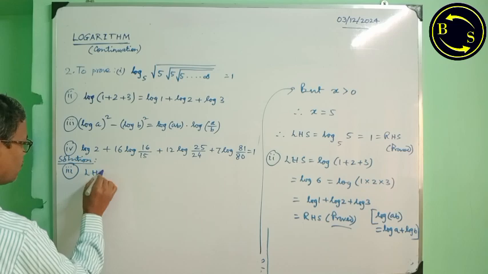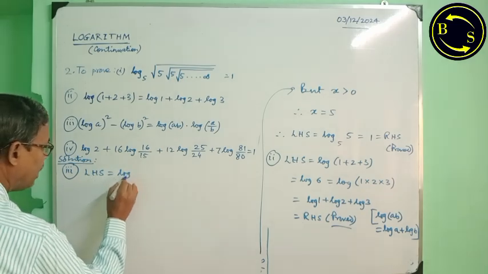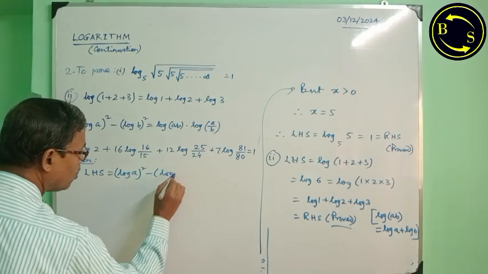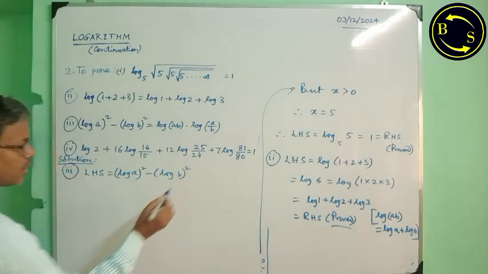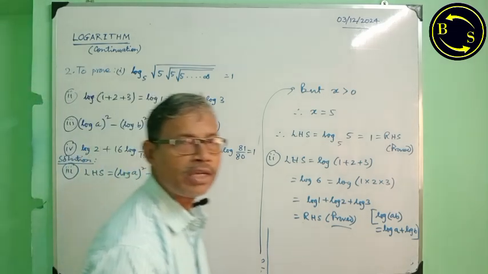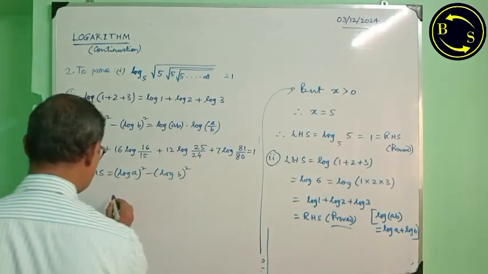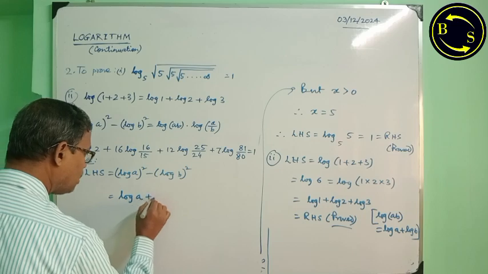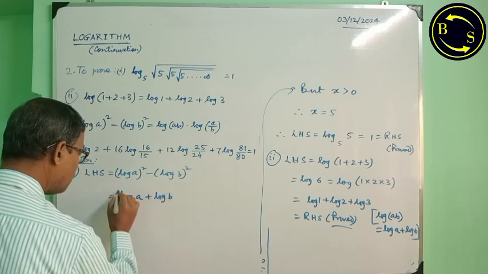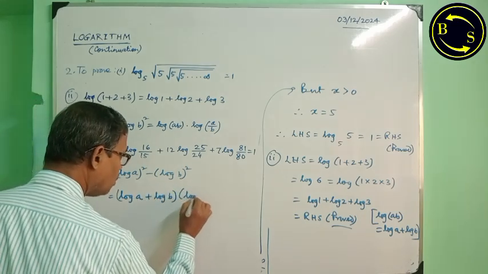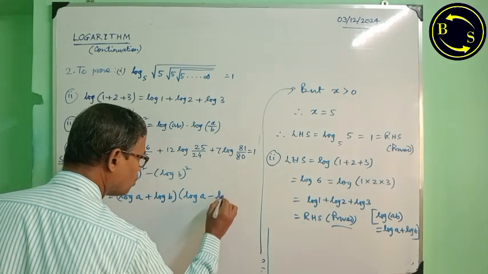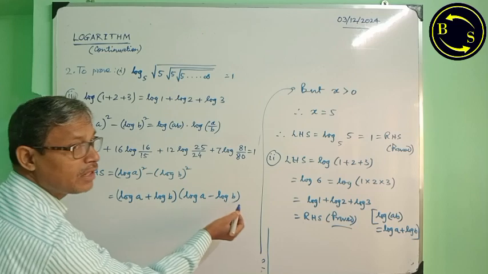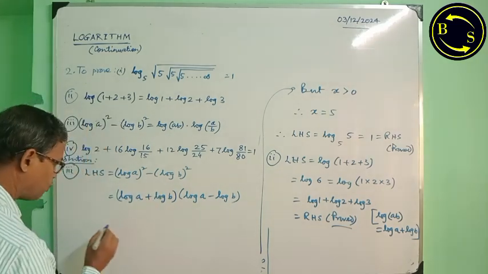Left hand side: log A whole square minus log B whole square, that is of the form p square minus q square. Therefore, it is equal to log A plus log B whole into log A minus log B. P plus q into p minus q form, as it is p square minus q square.